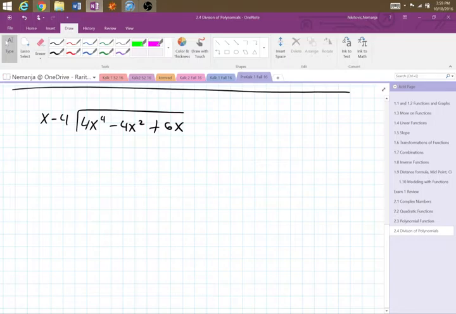So what was the secret? What do we put in? 0x cubed. So we put those we called placeholders. So we write it as x minus 4 into 4x to the 4 plus 0x cubed.